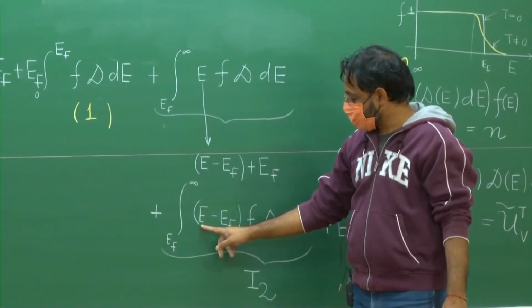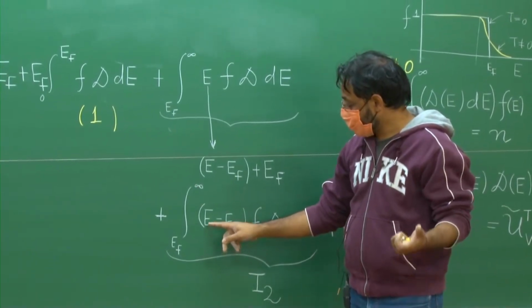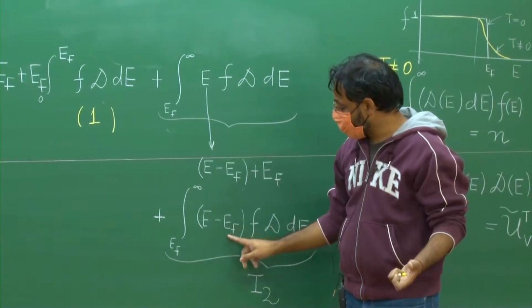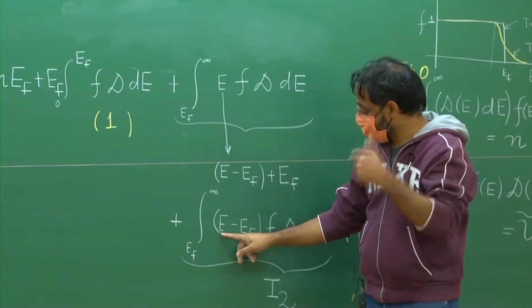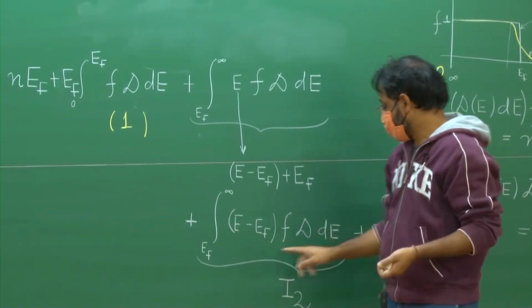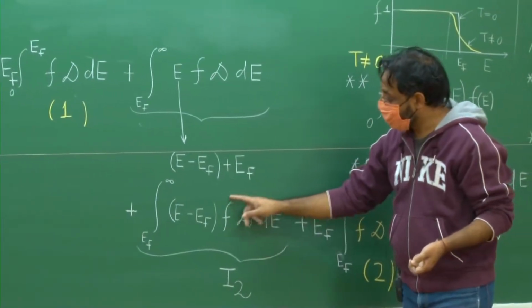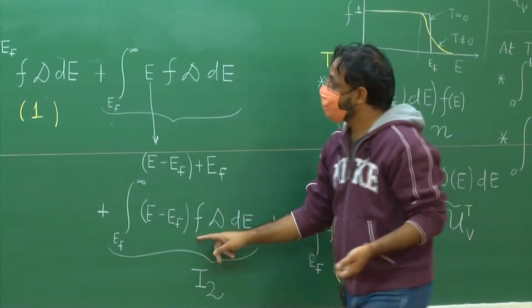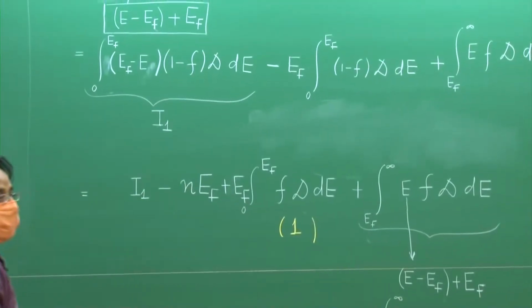So, this is the energy used by the system in putting an electron from the Fermi energy to an eigenstate at energy E, which is outside the Fermi energy, and you are occupying that state with a probability F, and you are vacating that state with a probability 1 minus F.